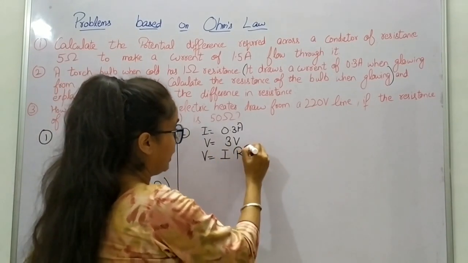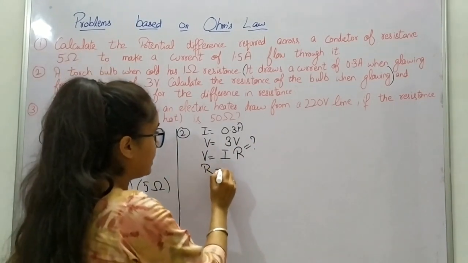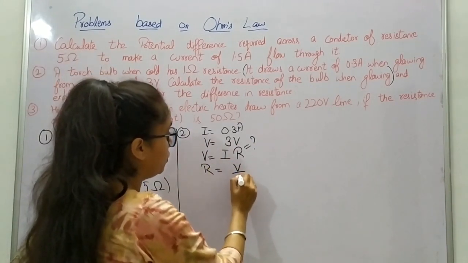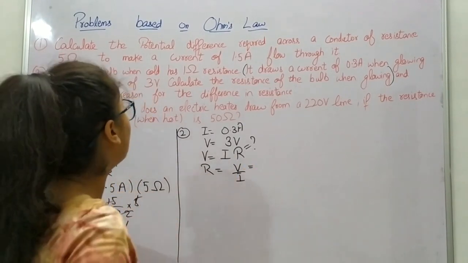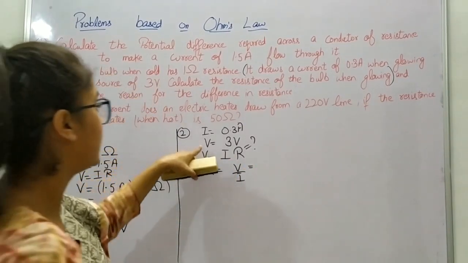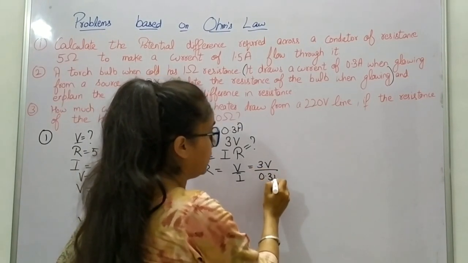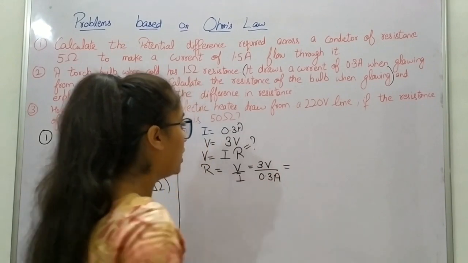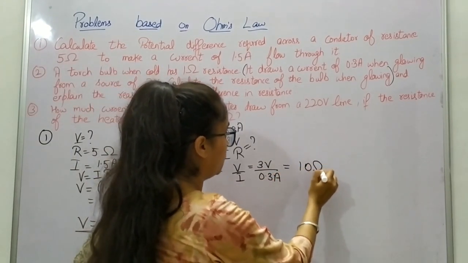We have to find resistance, so we're going to keep it as R equals V upon I. You can write it like this. V here is 3 volt and the current provided is 0.3 ampere. When we solve it, we get 10 ohm.